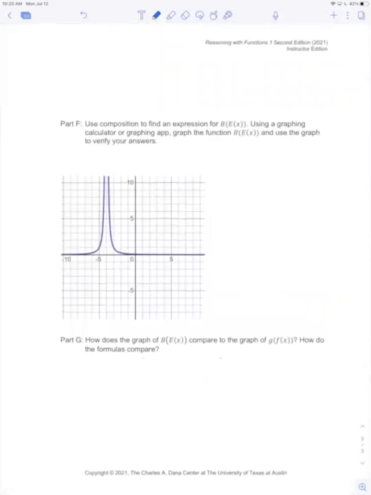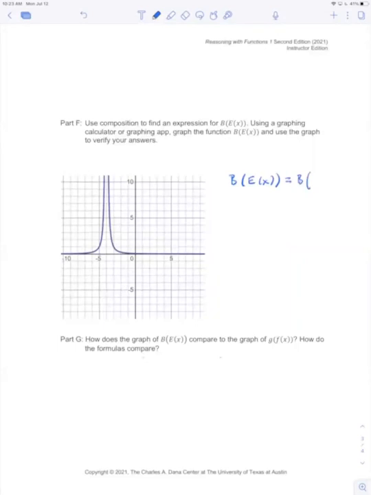Use composition to find an expression for b of e of x. Using a graphing calculator or app, graph the function b of e of x and use the graph to verify your answers. Well, we're working with b of e of x. So we'll have 1 over x plus 4, and then apply the b function, and we will square the input.